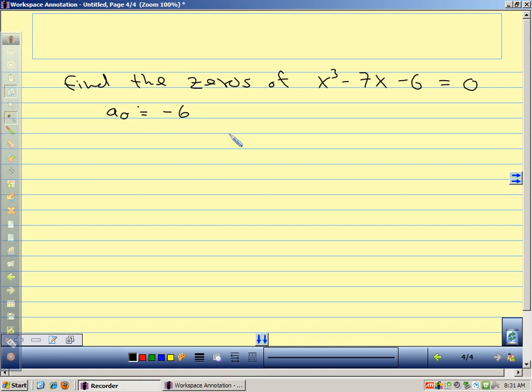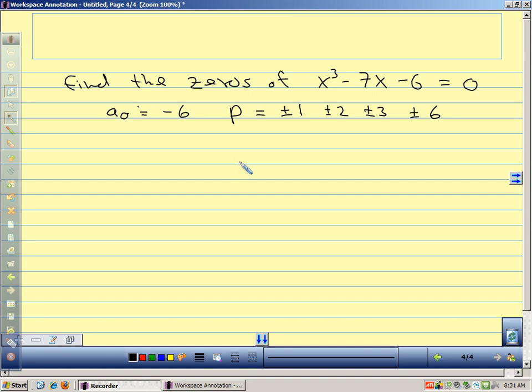So P, the numerator of our possible rational zeros, could be any factor of 6: plus or minus 1, plus or minus 2, plus or minus 3, and plus or minus 6. Those are the factors of -6.